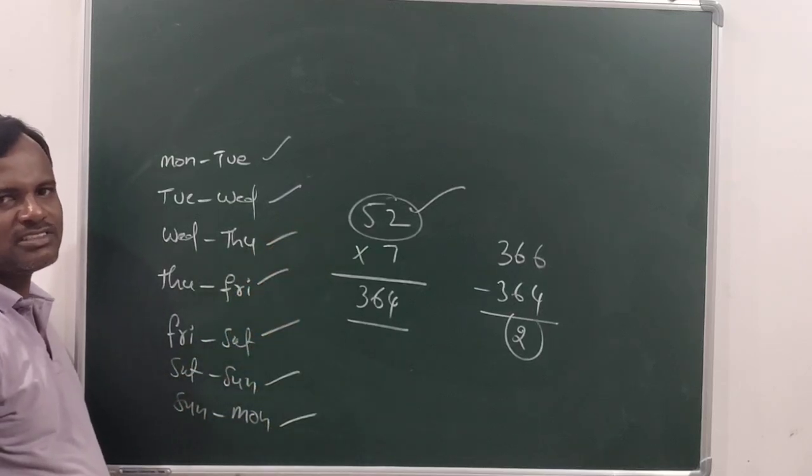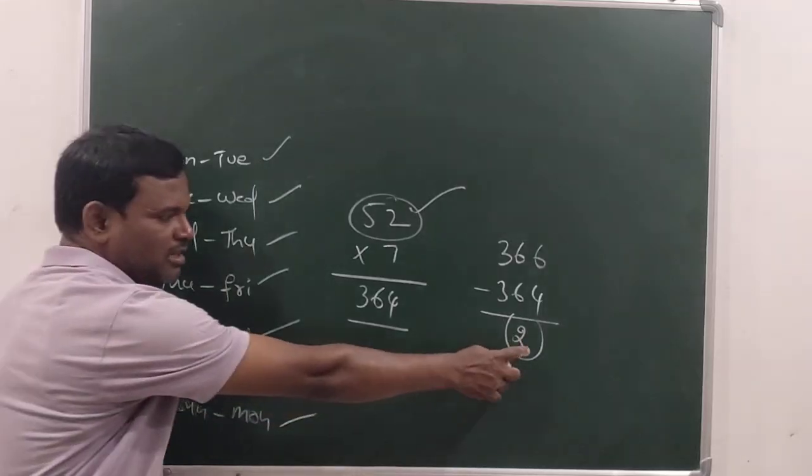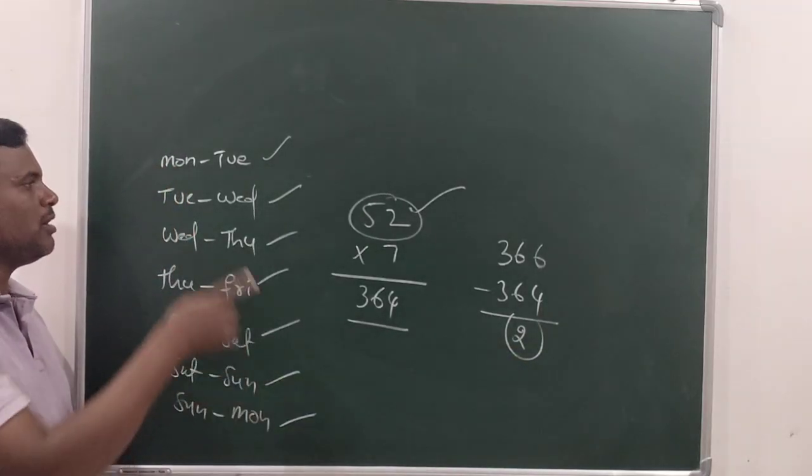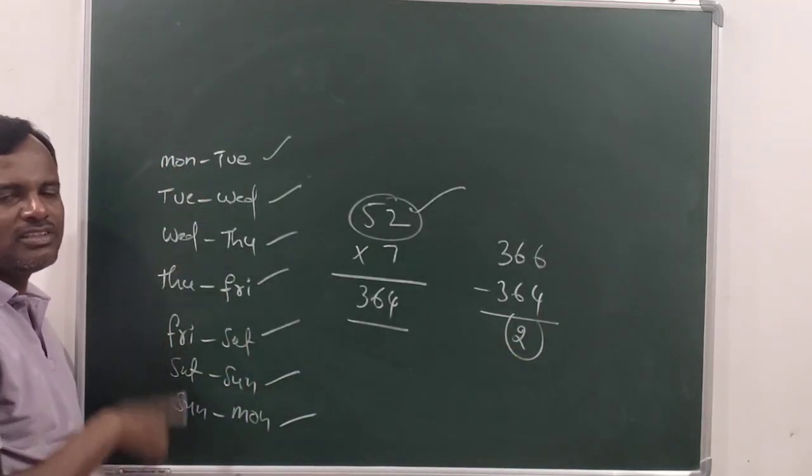There are 7 choices. 2 days remain, no? The remaining 2 days may be any one of these 7 pairs.